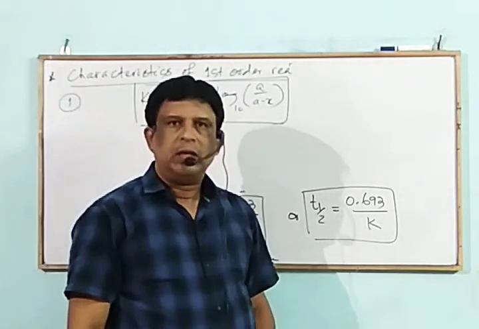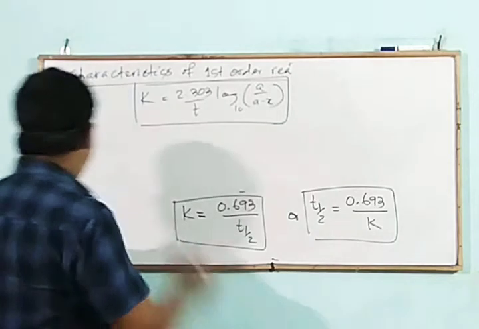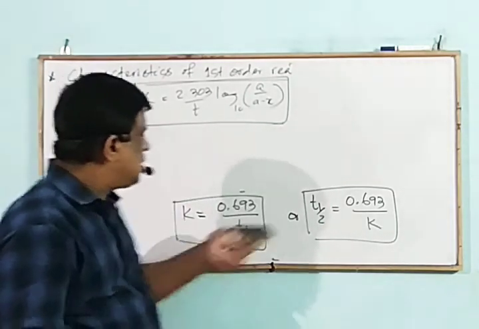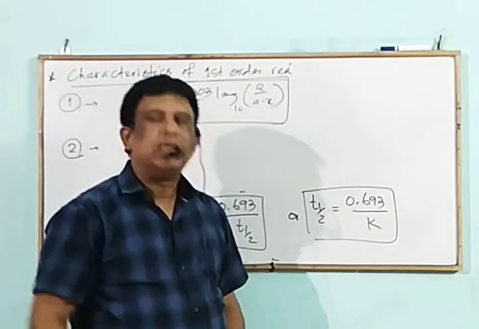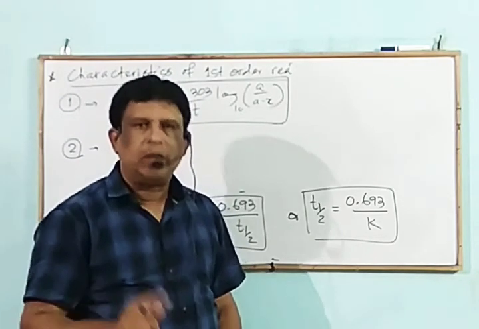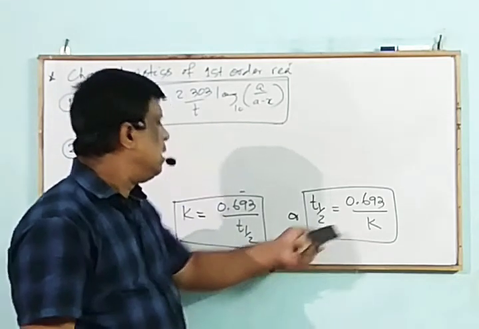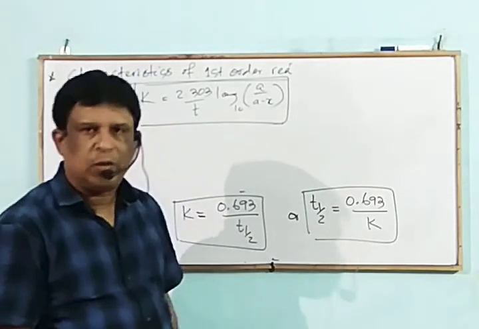Next point is the half-life period, which we already discussed. The second point is the half-life period. From this it is clear that the half-life time for a first order reaction is independent of initial concentration.